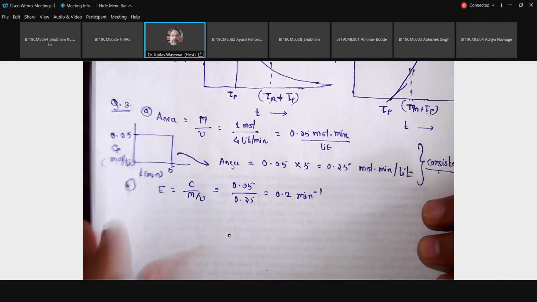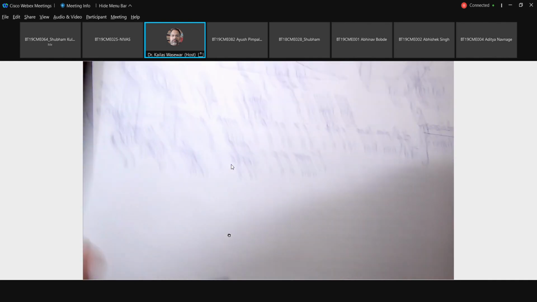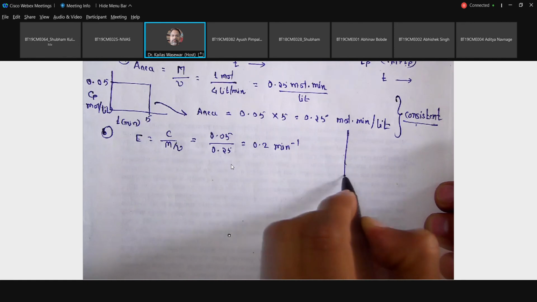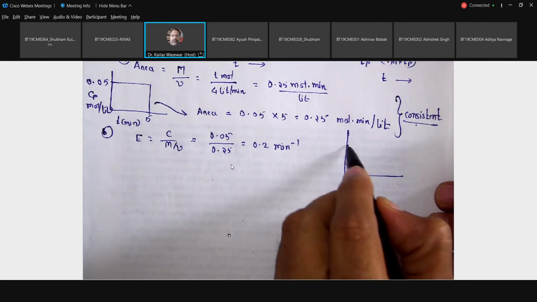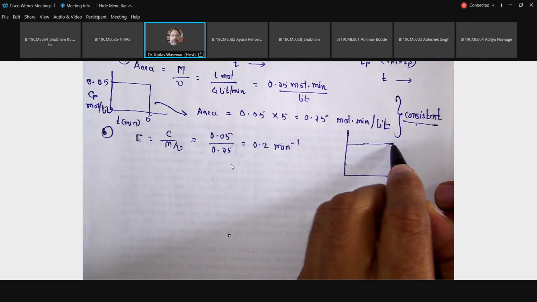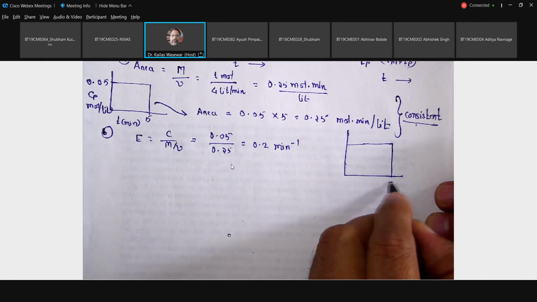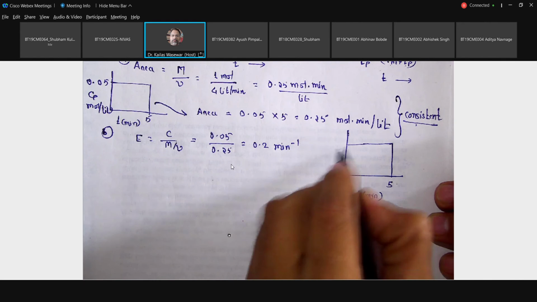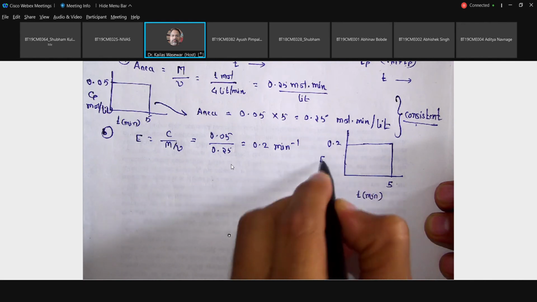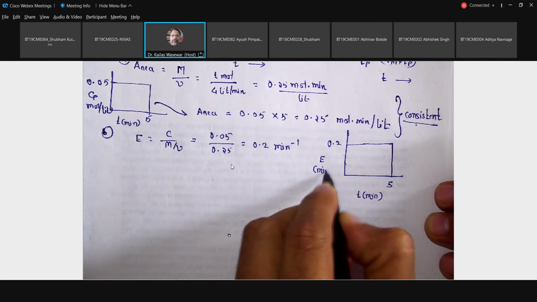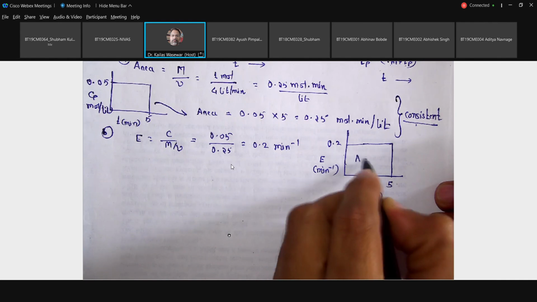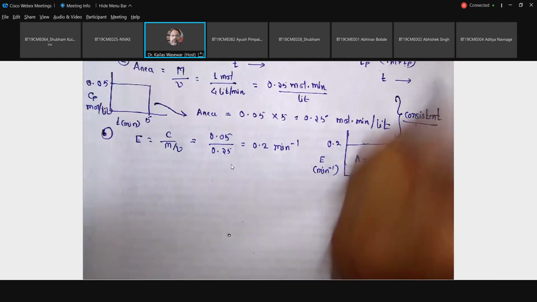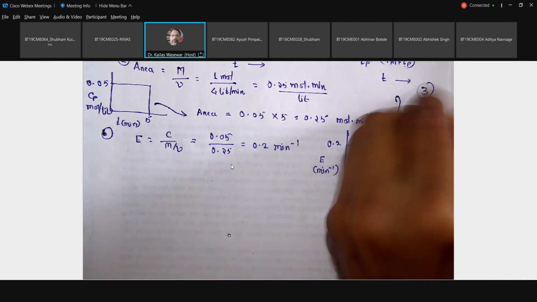If you have not mentioned the units, definitely there are no marks. I told you, and it was mentioned clearly earlier also. So the graph will be like this. This will be 5, t will be in minutes, here it is 0.2, E is in minute inverse, and area is equal to 1. This was, I think, for 3 marks.